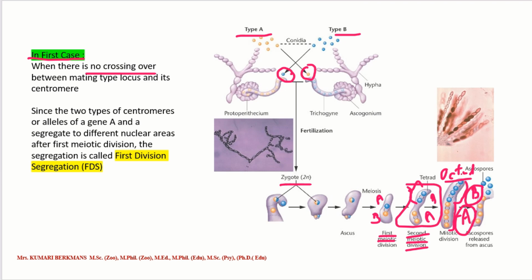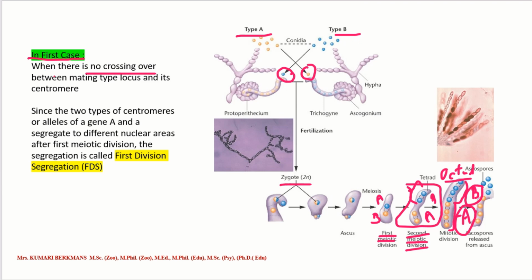Among these 8, 4 possess the A allele chromosome, and the other 4 possess the B type of gene, the same as the parents. 4 are the same as the type A parent, and 4 are the type B parent.